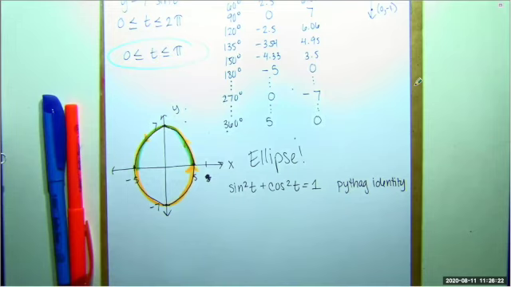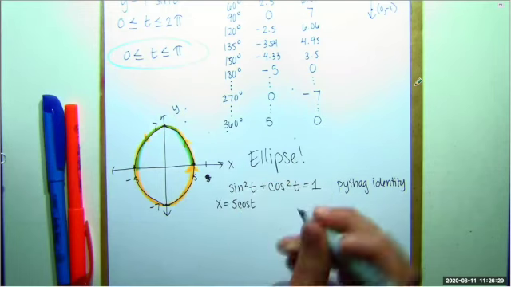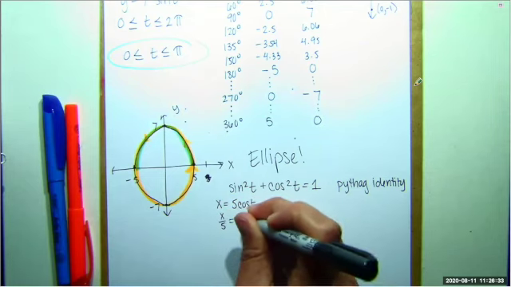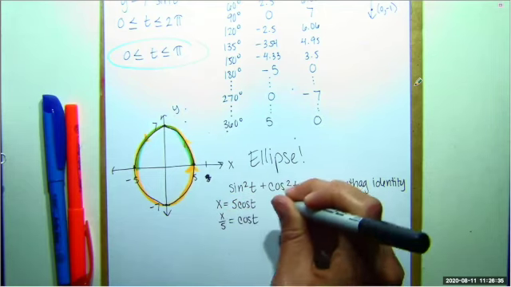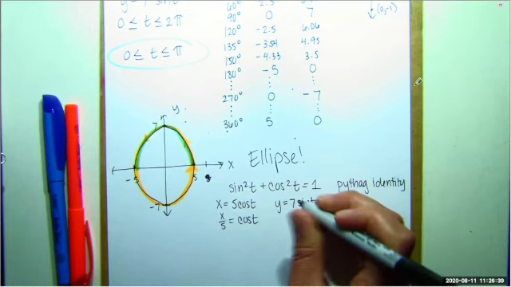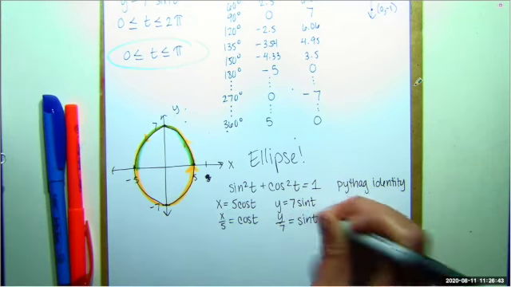Then I'm going to take my two equations. So I had x is equal to 5 cosine of t. So solving for cosine of t, I get x over 5 is equal to cosine of t. And we had y was equal to 7 sine of t. So solving for sine of t, divide both sides by 7, I get y over 7 is equal to sine of t.